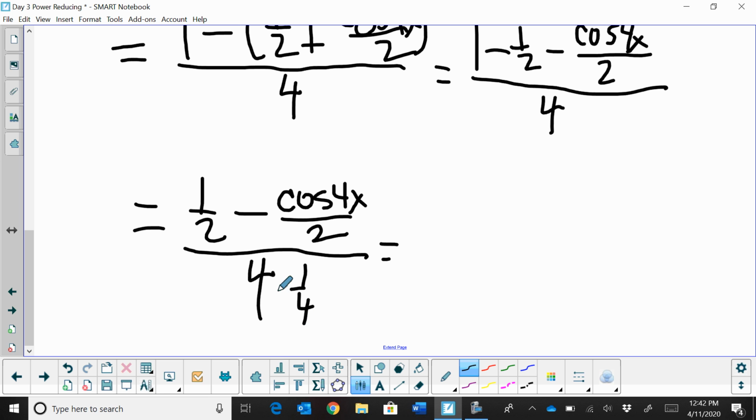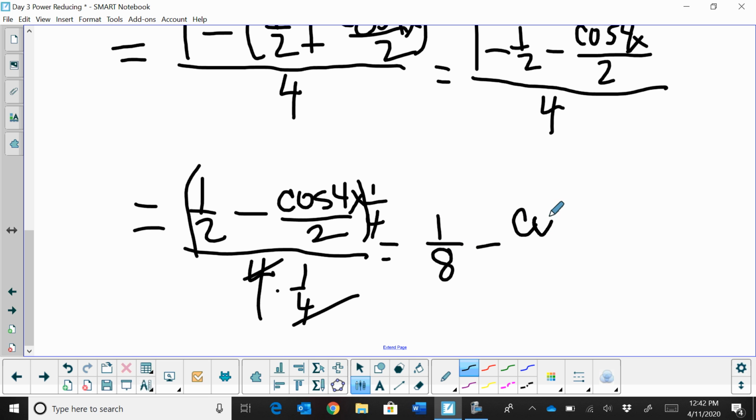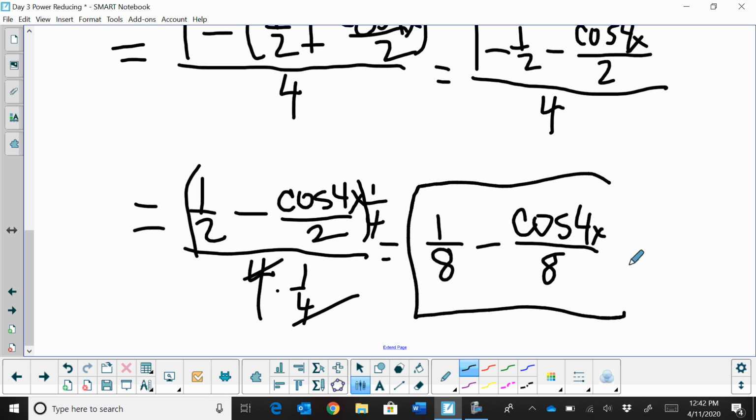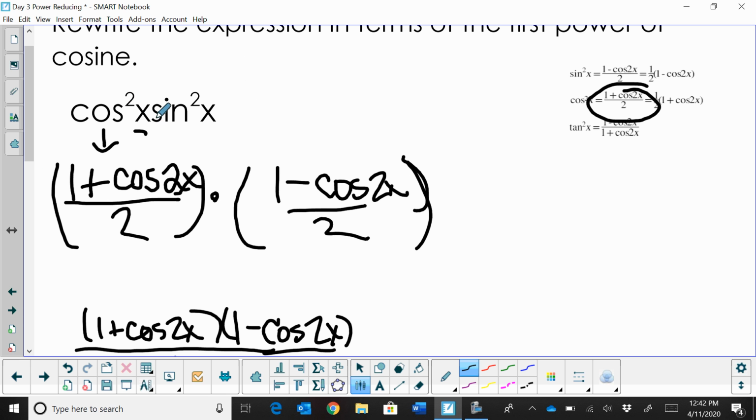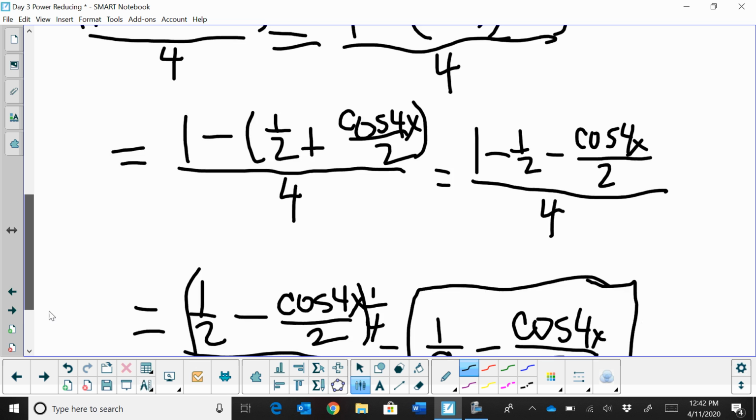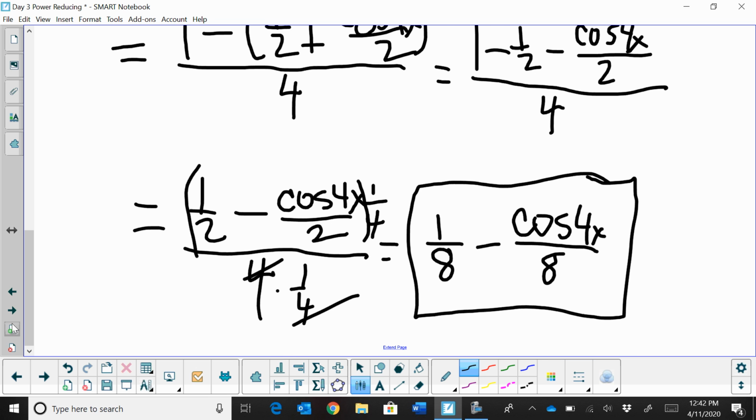So we're going to multiply the whole numerator by 1/4 so that we can cancel these out. That's a keep change flip property, and that's going to give me 1/8 minus cosine 4x all over 8. And there is our final answer to a power reducer. So that's equal to cosine squared x times sine squared x using a power reducing formula.